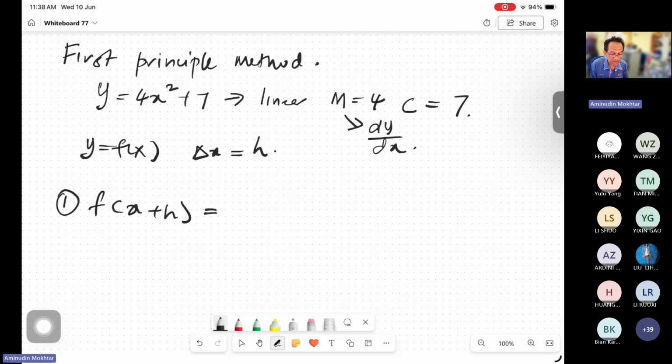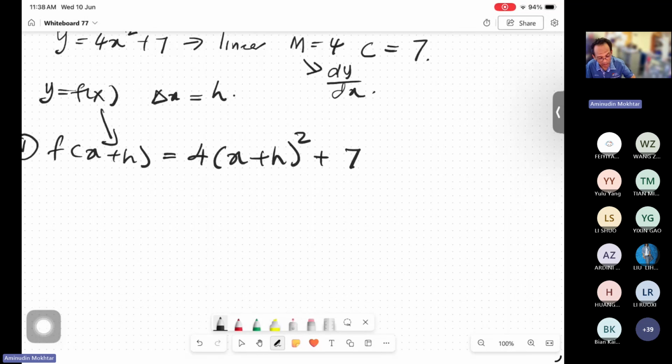What is h? h is the change in x, perubahan dalam x. So for the function, we just substitute x with x plus h: 4 times (x plus h) squared plus 7. That's the first step.